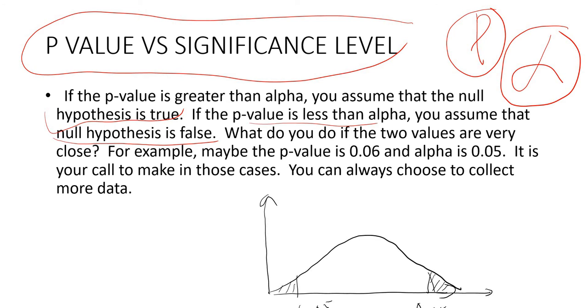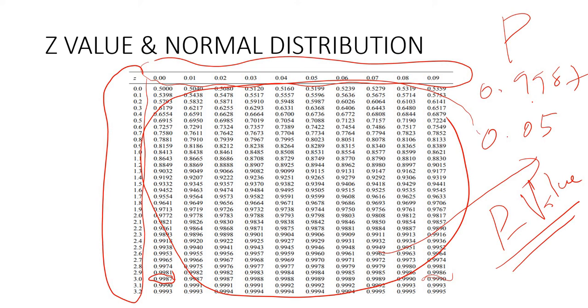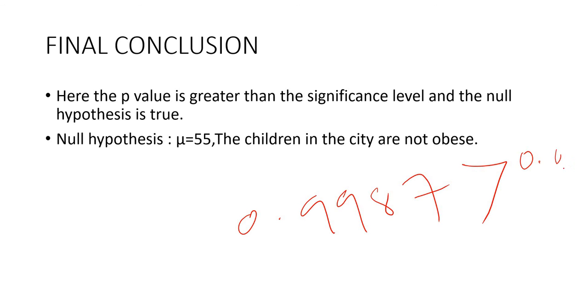Anyway, we need to check whether our p value is greater than alpha or not. What is our p value? I told you it is 0.9987. This value is greater than the significance level, so this is the bigger one. Here is our final conclusion: 0.9987 is greater than 0.05.